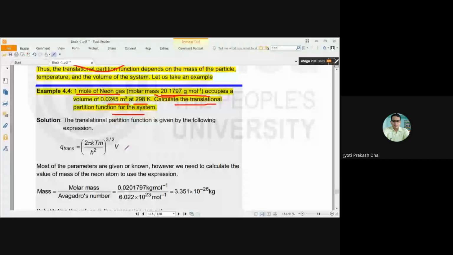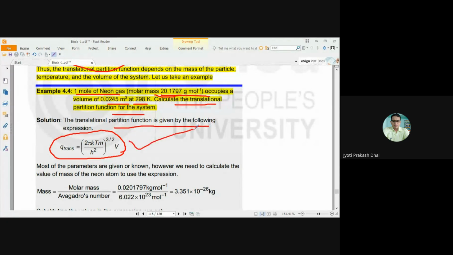And here we have already solved, and first you should know how to derive the translational partition function, and again you should remember the final expression for the translational partition function, because if only a numerical question comes, then we should put the final equation of the translational partition function. So the translational partition function is given by the following expression.